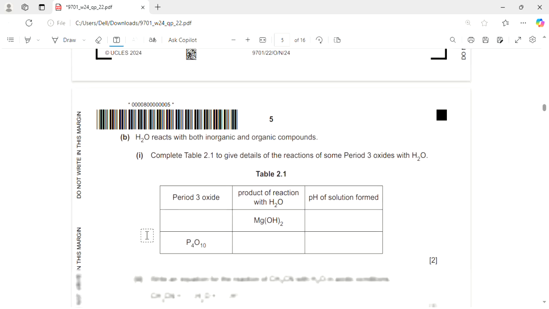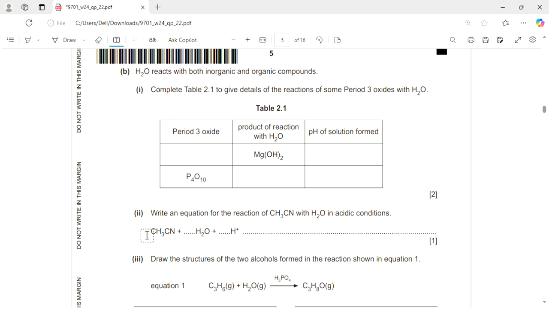Part B. Part 1. H2O means water reacts with both inorganic and organic compounds. Okay. Complete table 2.1 to give the details of the reactions of some period 3 oxides with H2O.